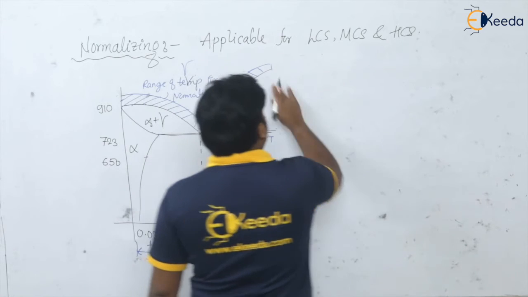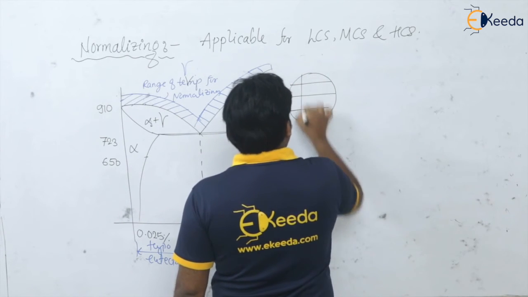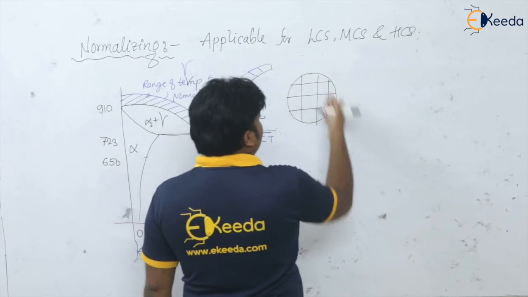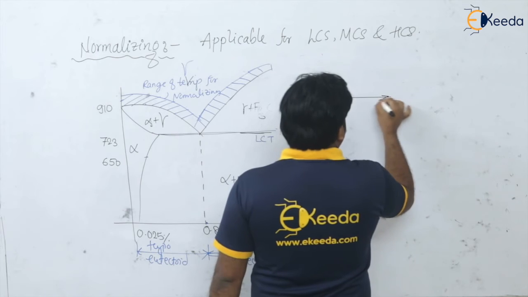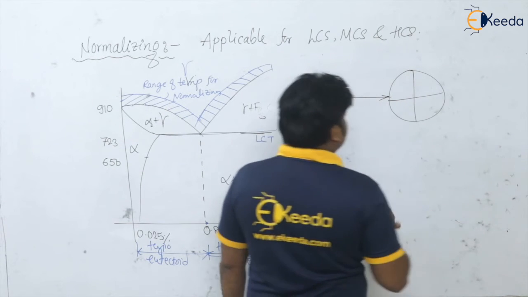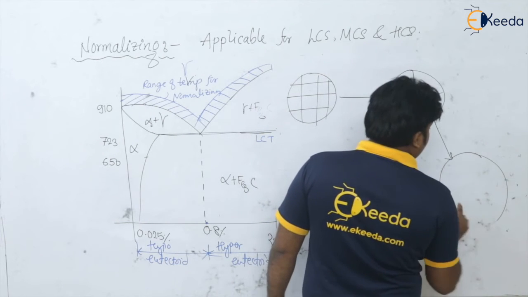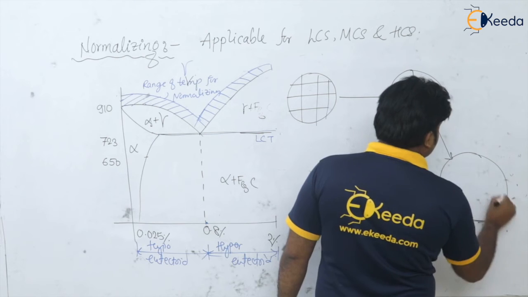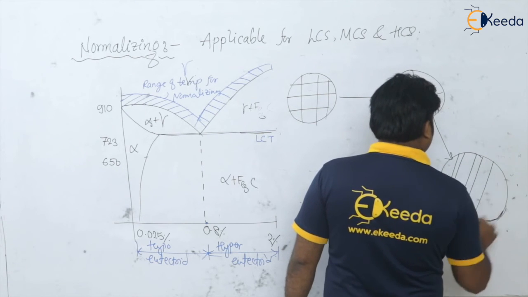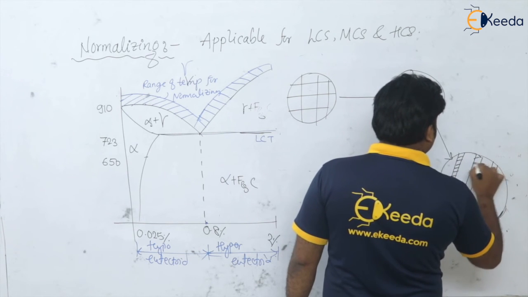the structure that you are getting: this is the heated specimen where we have grain enlargement and residual stresses are relieved. Then holding, we are having uniformity in the grains, and when cooled in normalizing, what we are getting in the structure is a layer by layer structure of ferrite and cementite.